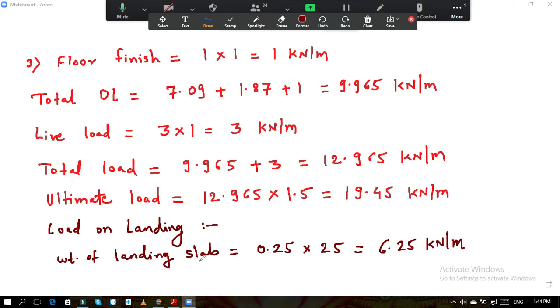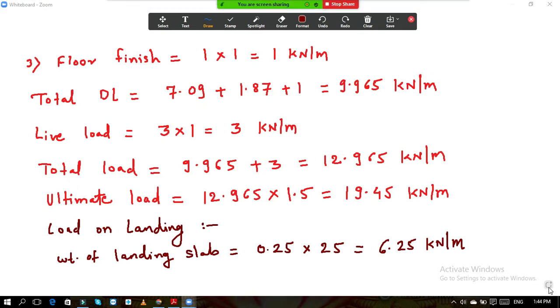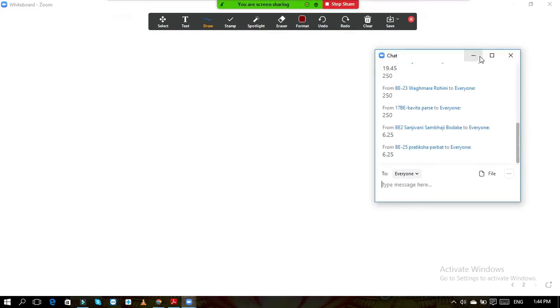So this is the weight of landing slab. Next, floor finish. We already know that it is 1 kilonewton per meter, and then lastly live load.